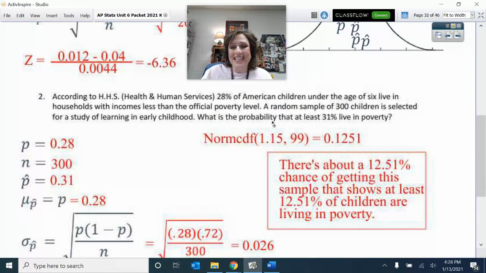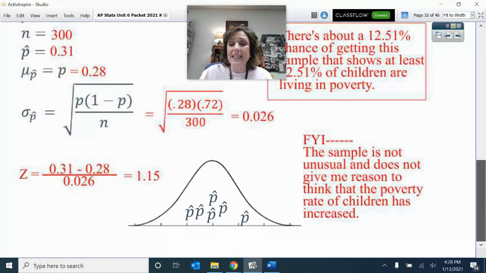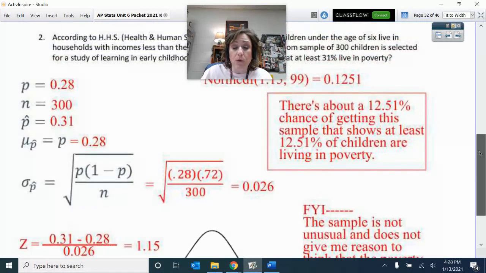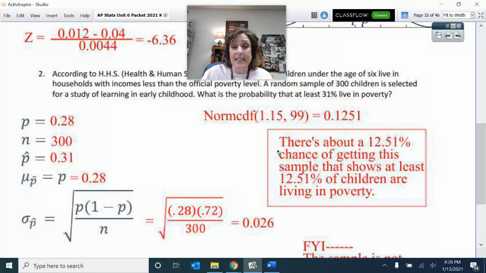What is the probability that at least 31% live in poverty? So basically it's asking what proportion of samples will be at 31% or higher. So I wanted to know this area. I did a normalcdf from that 1.15 all the way up to 99.